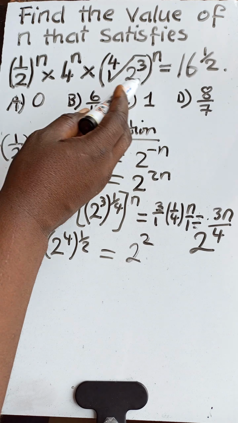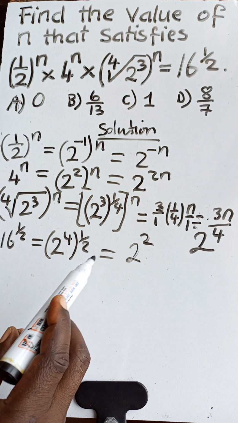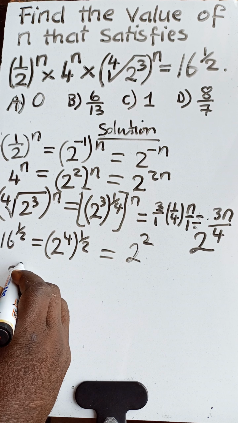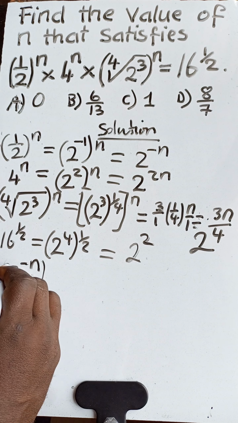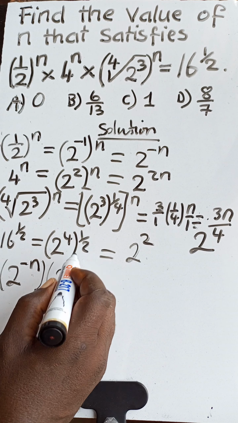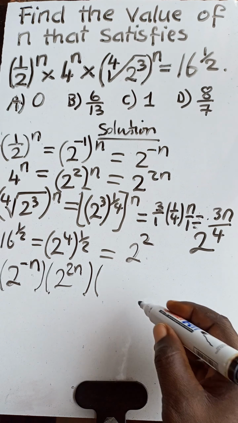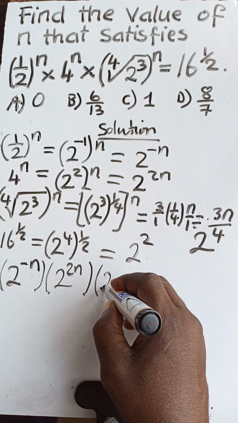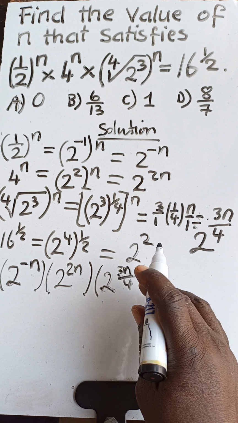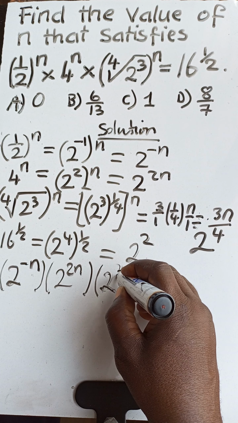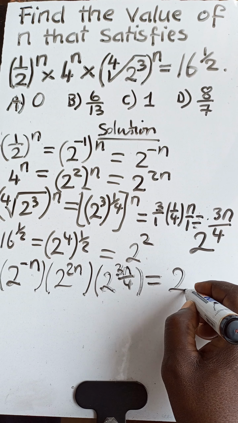All right, so now let's rewrite all of this expression with the common base 2, since we have expressed everything with the base 2. It's going to be 2 to the negative n multiplied by 2 to the 2n multiplied by 2 to the 3n all over 4, is equal to 2 squared.